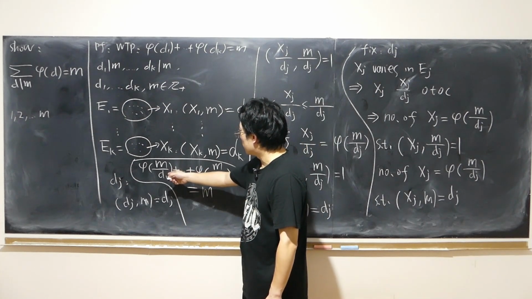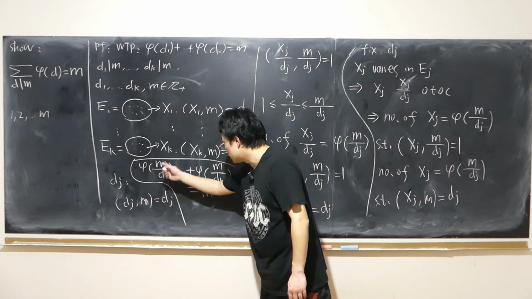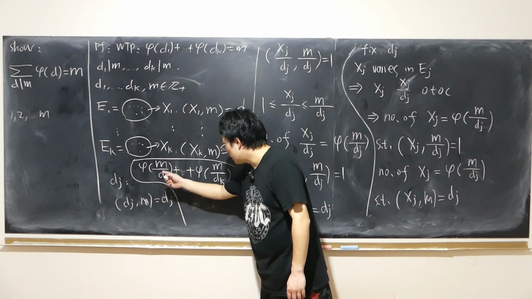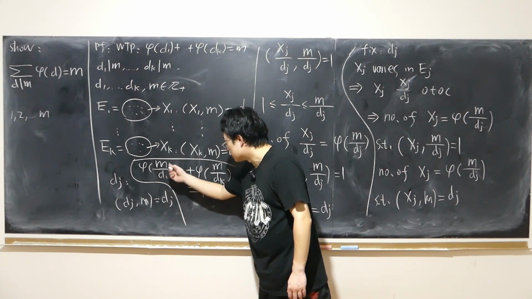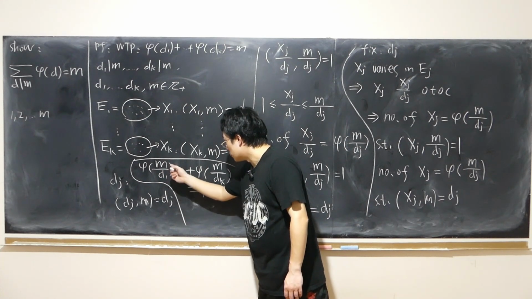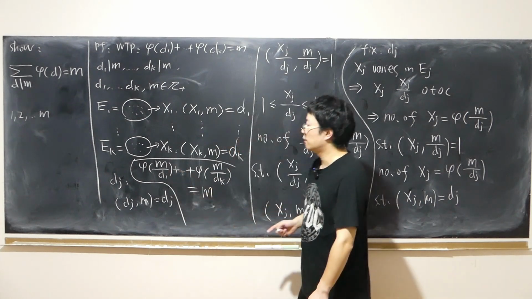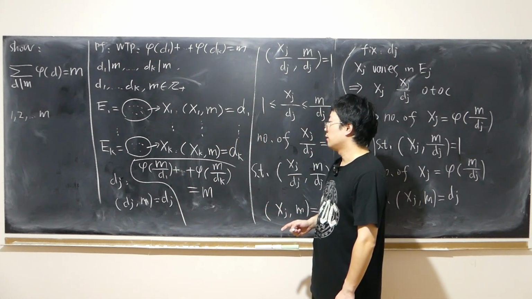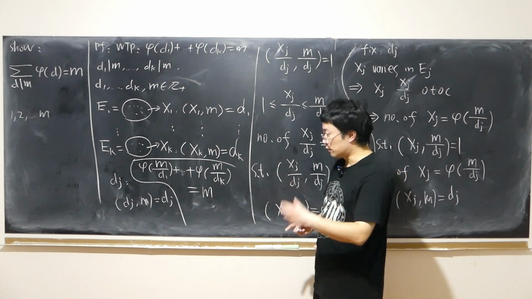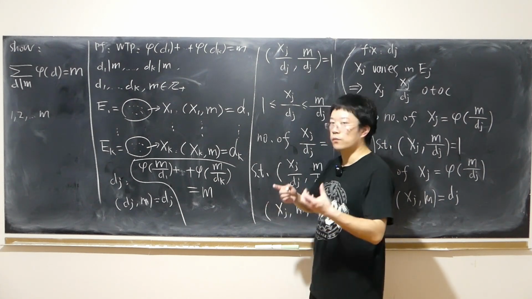I'm done because m over d1 turns out to be a positive integer, since d1 divides m. How about m over d1, this positive integer as a whole entity? Is it also a positive divisor of m? Yes, of course. If 2 divides 8, gives us 4, which means 4 divides 8.